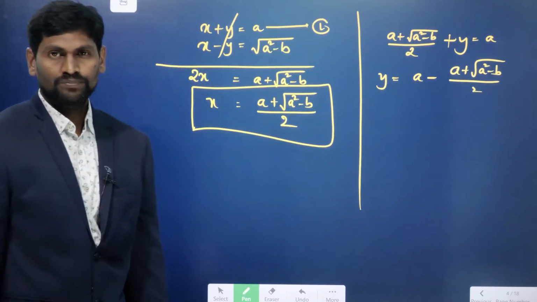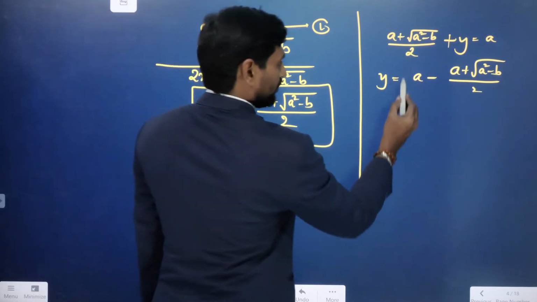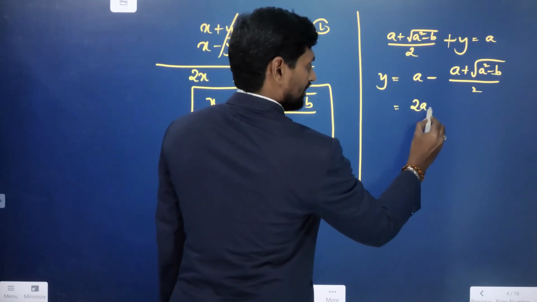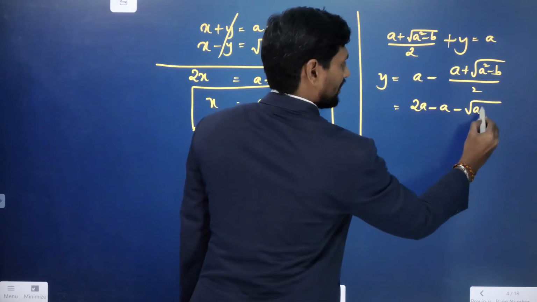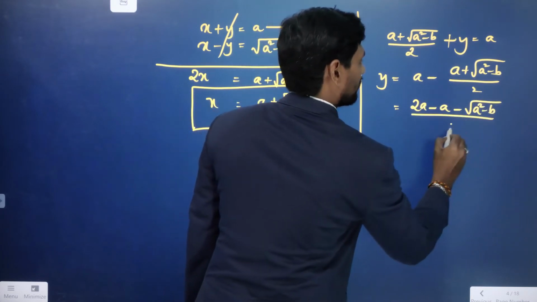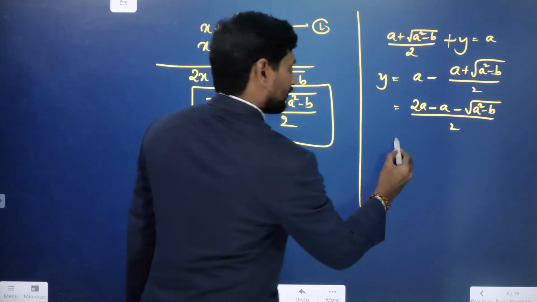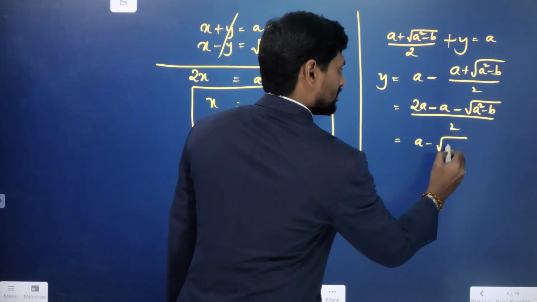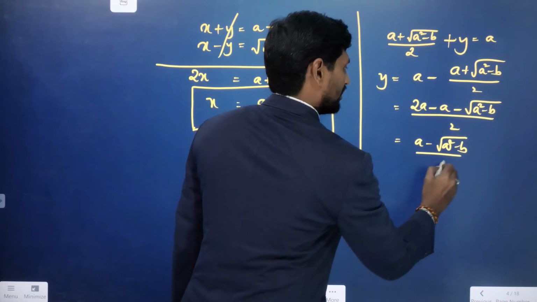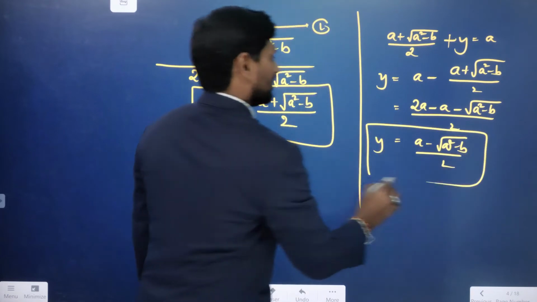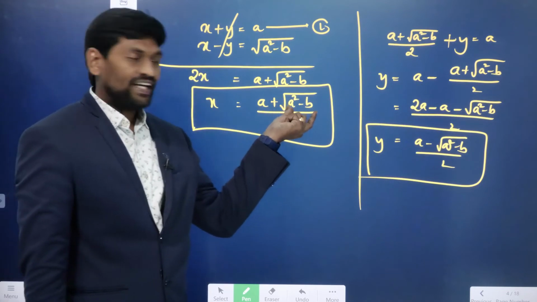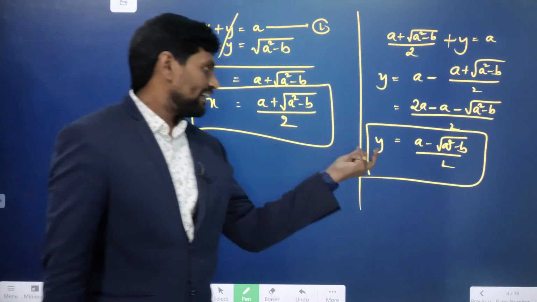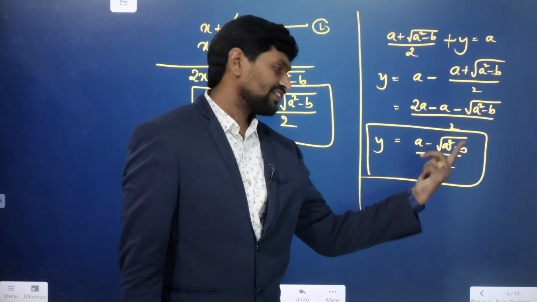Check: 2 into a, 2a minus a; here minus into plus becomes minus root over a square minus b, whole by 2. 2a minus a becomes a. This is (a minus root over a square minus b) by 2. That is the y value. Now observe here: the x value is (a plus root over a square minus b) by 2, the y value is (a minus root over a square minus b) by 2.